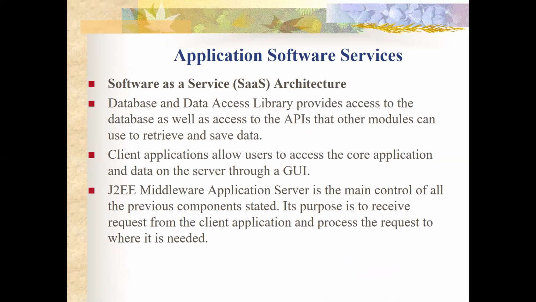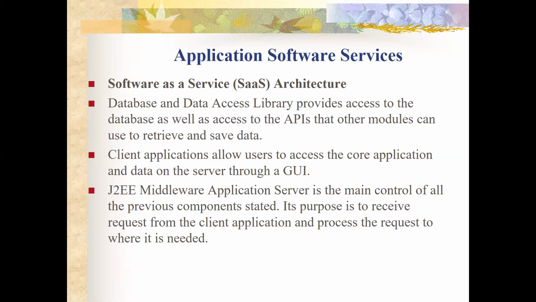The database and data access library provide access to the database as well as access to the API that other modules can use to retrieve and save data. The client application allows users to access the core application and data on the server through a GUI.